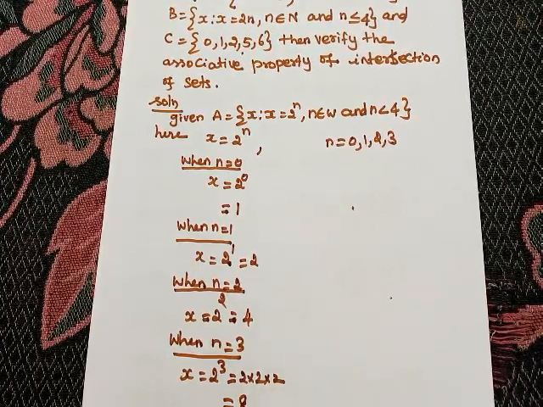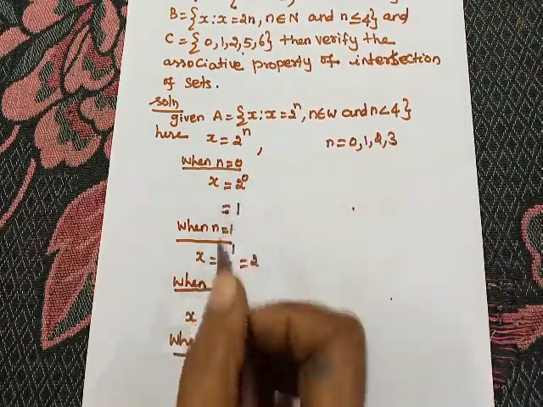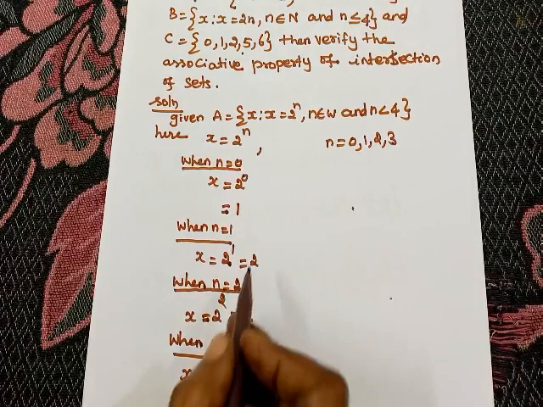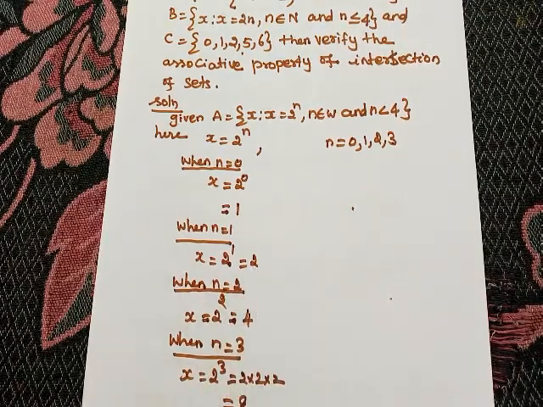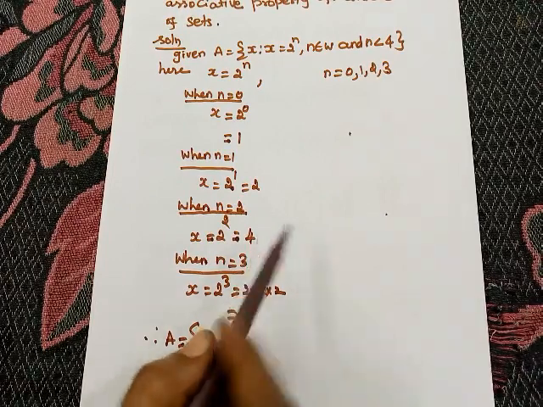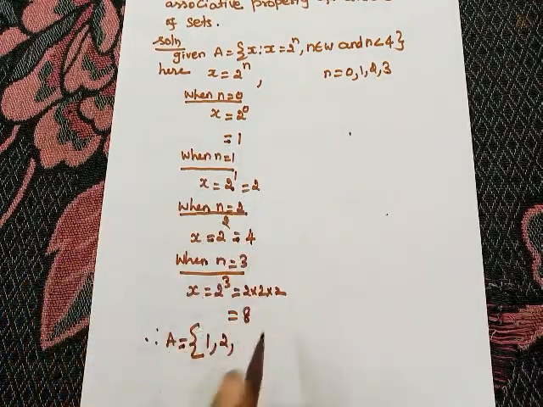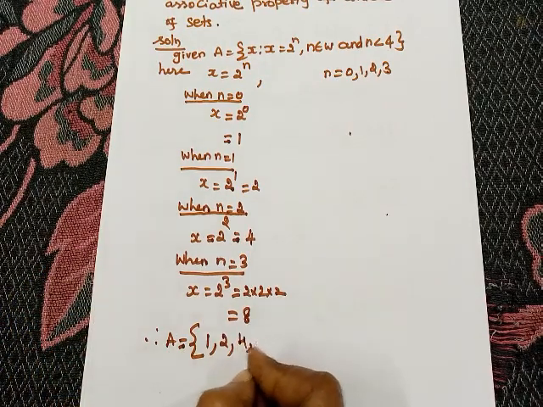Therefore, A set is equal to 1, 2, 4, 8.